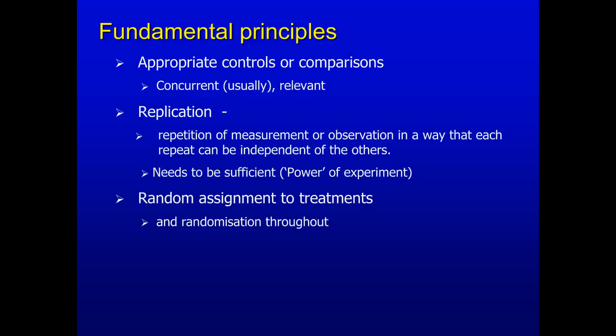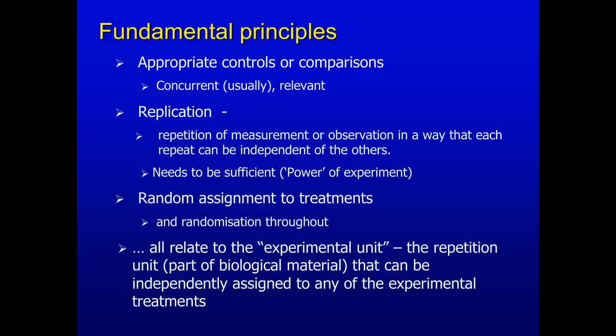And in doing the assignment, you have to randomize, because unless you randomize, you have the possibility of bias and you wouldn't know. But it is not just randomization when you assign to treatments or you select from a group. It is randomization throughout the experiment where there might be a bias that you are not aware of.